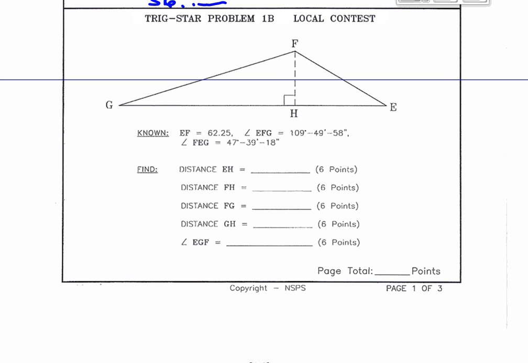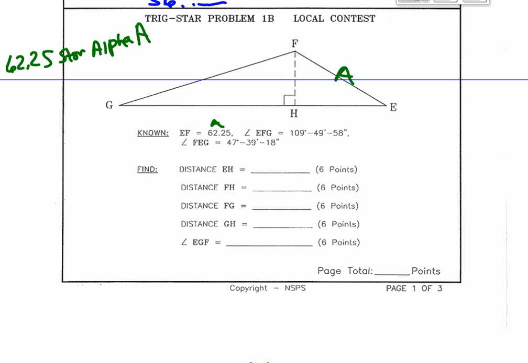Then the way that I would do this next one is I am just going to start using letters of the alphabet. I'm going to call that capital A. And so the way I'm going to do that is 62.25 store as alpha A. And so that side is just right in my calculator.